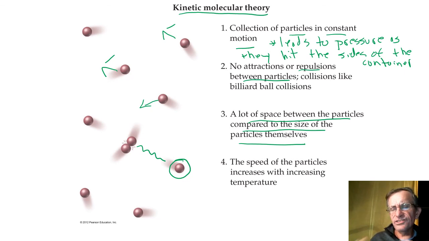Now, that also affects something we've been talking about, which is that gases can change size. And they can change size a whole lot. You can take a gas and make it way smaller by cooling it down, for example. Because there's all this room, the particles can get closer together or they can get even more spread out, depending on what we do to the temperature and what we do to the pressure.